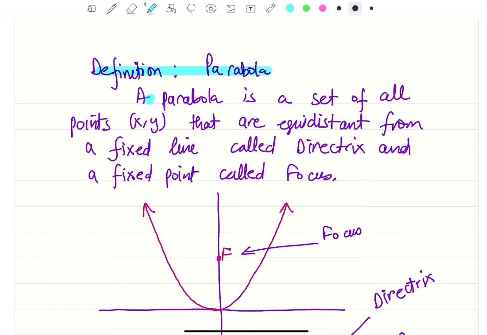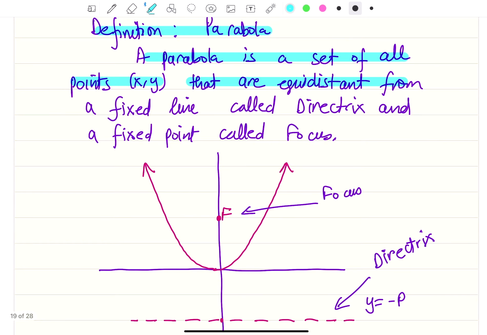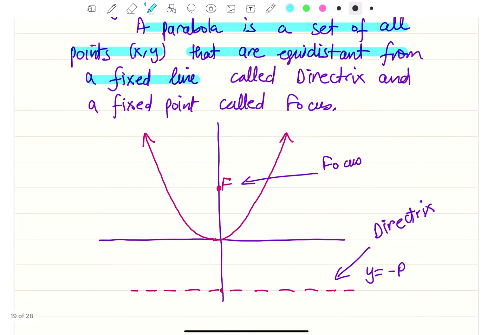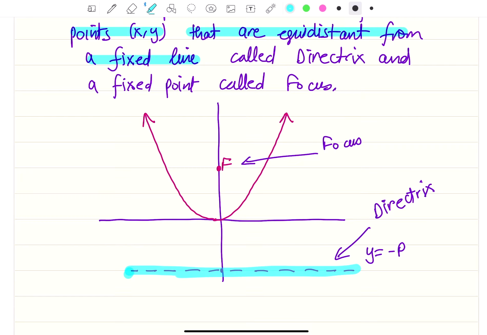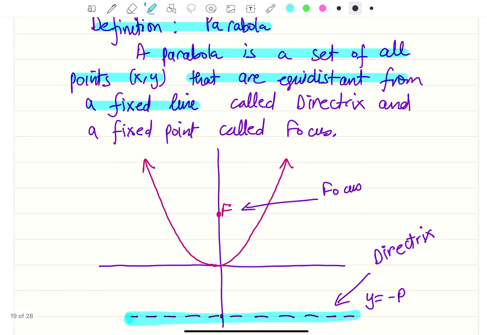Definition of parabola. Parabola is a set of all points x, y such that they're equidistant from a fixed line called directrix, and a fixed point called the focus. So each point on the parabola has the same distance from this line as well as from that point, the focus.